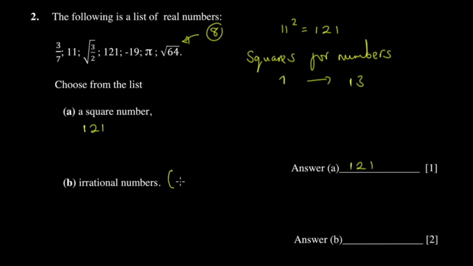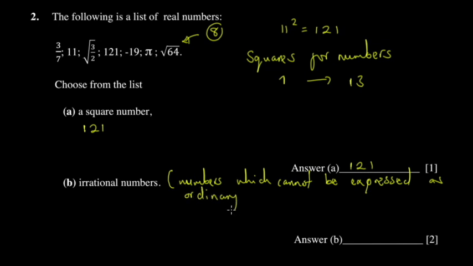An ordinary fraction simply means you have a numerator and a denominator, and these two are real numbers. Obviously that's an ordinary fraction. So if you have a and b, they're real numbers. Real numbers simply means positive or negative numbers.